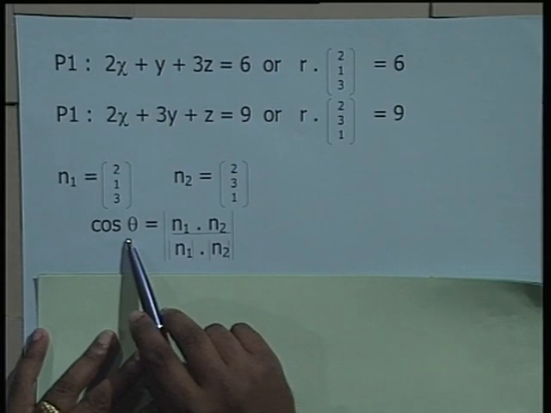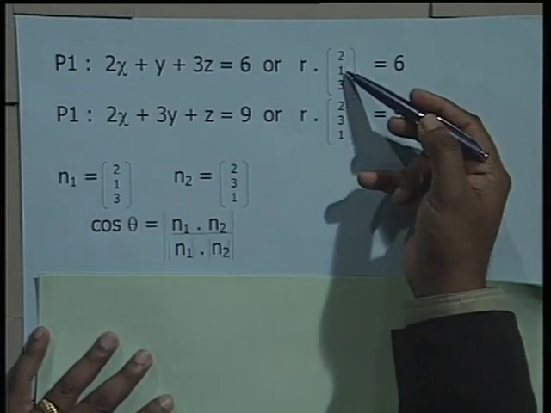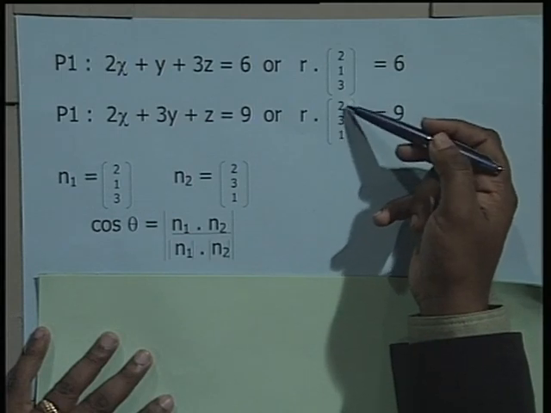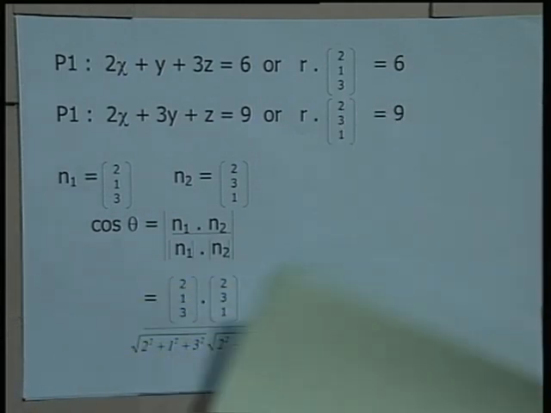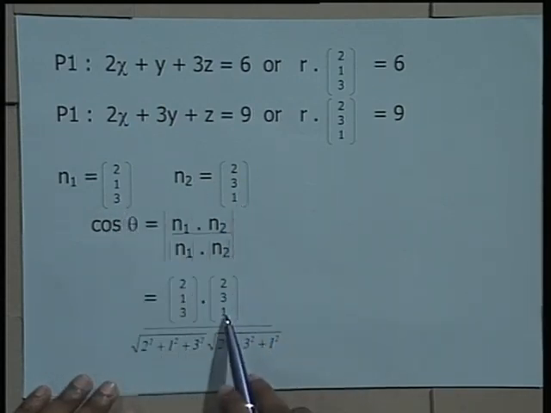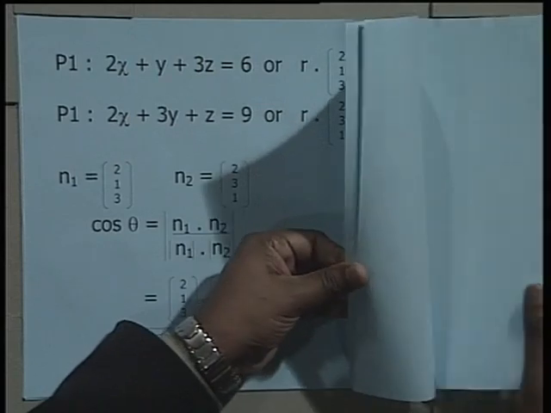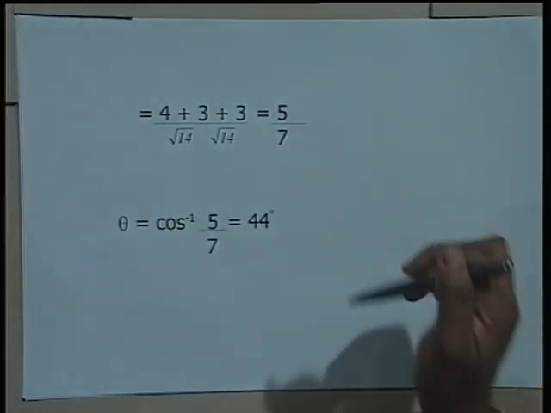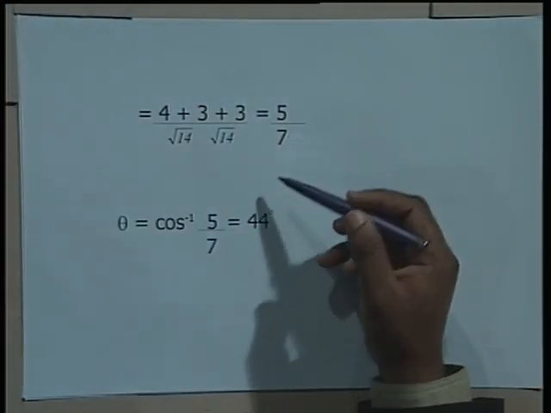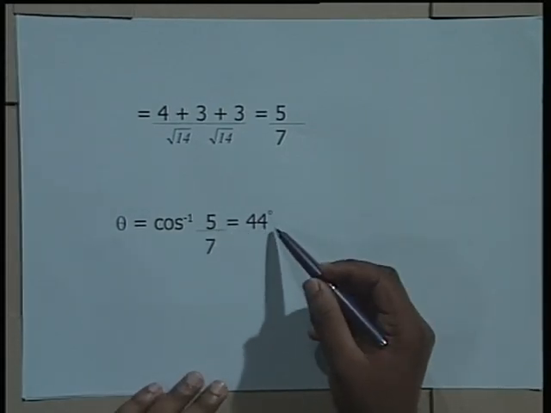We apply the dot product rule on these two vectors, which are the two vectors perpendicular to the planes. Applying the dot product gives us (2, 1, 3) dot (2, 3, 1) divided by the magnitude of (2, 1, 3) times the magnitude of (2, 3, 1), which gives us 5/7. Taking the cos inverse, we obtain theta as 44 degrees.